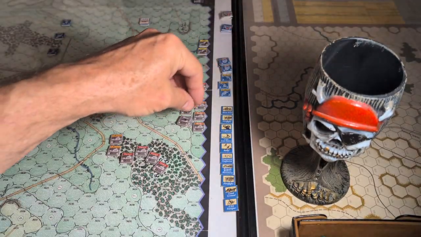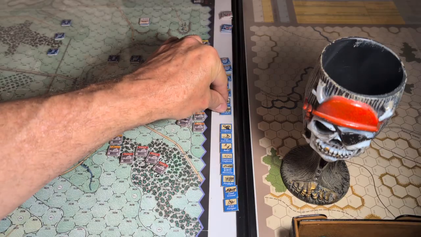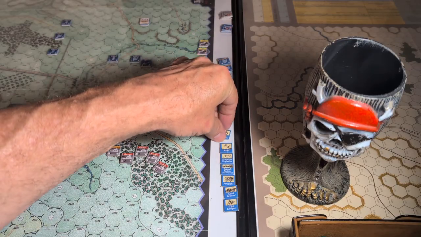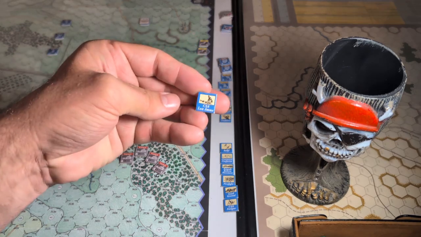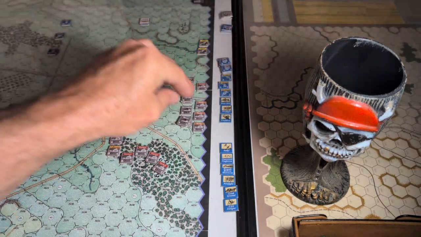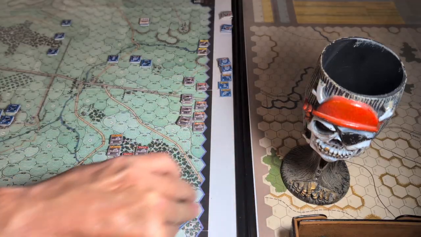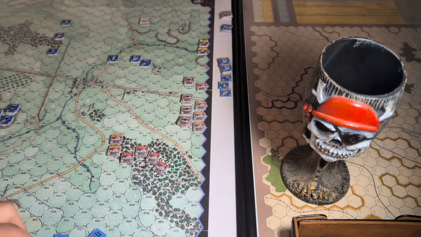Throw that in there. And then let's do this again, the low ammo. I think that's going to be important. So they throw those 2 in there. And then what we do is we take the rest of these, we turn them over, and we end up adding 3 to the mix.